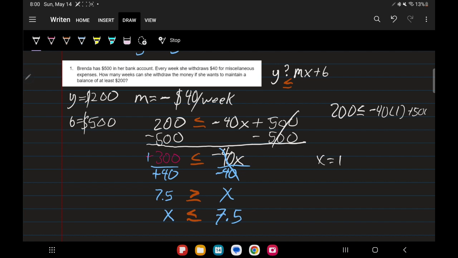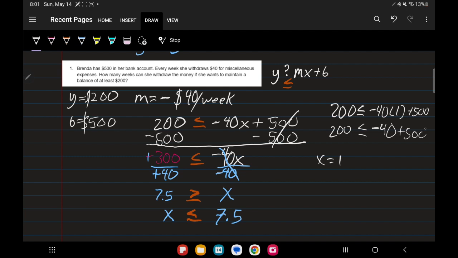Negative 40 times 1 is negative 40, plus 500 is greater than or equal to 200.